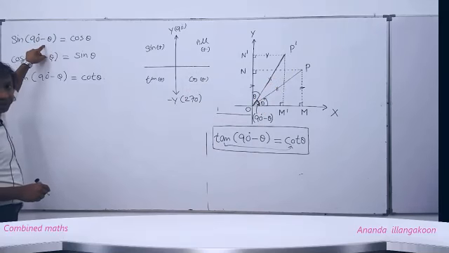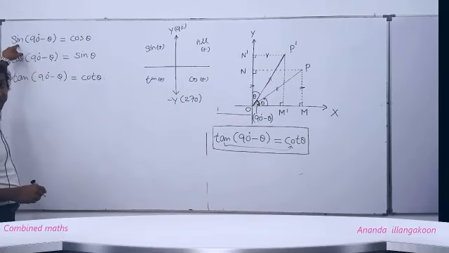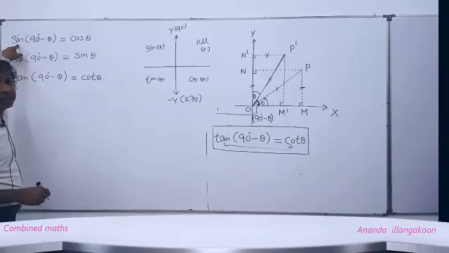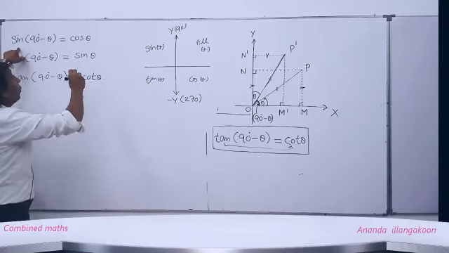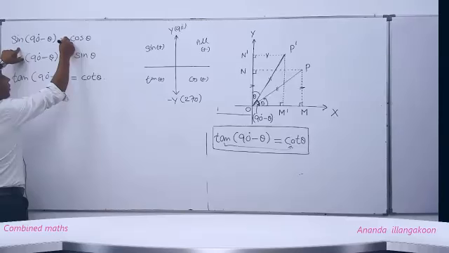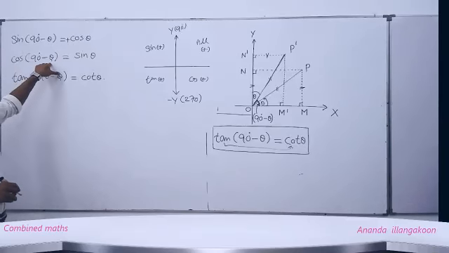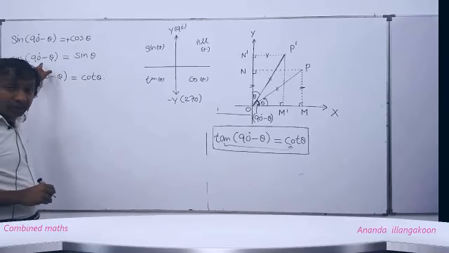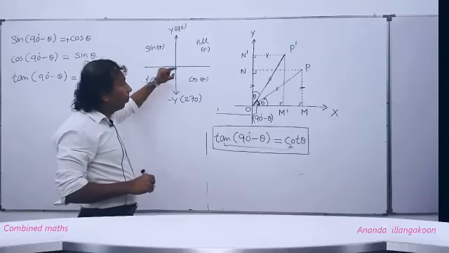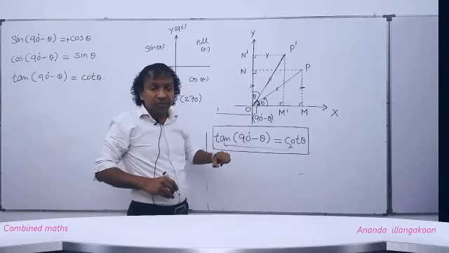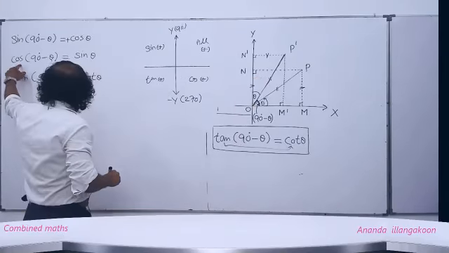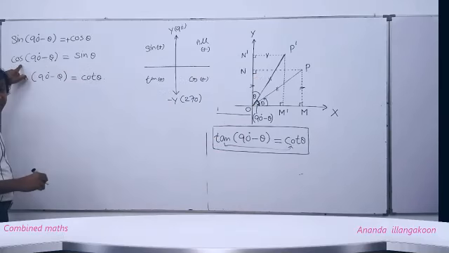90 minus theta is in the first quadrant. In the first quadrant, what is the sign of this ratio? Positive or negative? Positive, no? That you have to put here. For this angle 90 minus theta, OP is in the first quadrant. In the first quadrant all are positive, no?